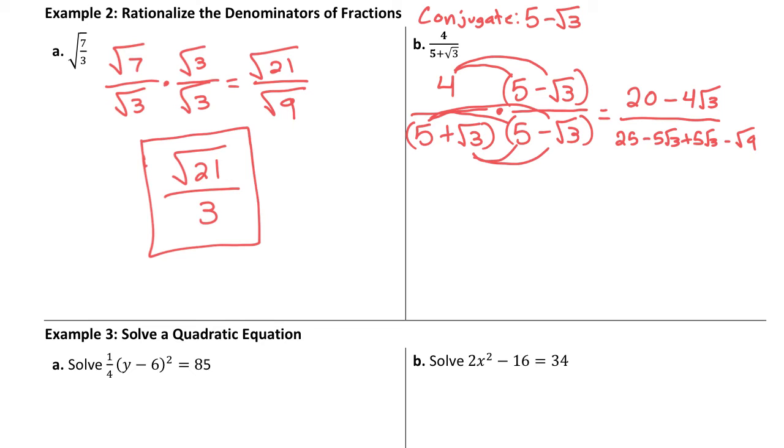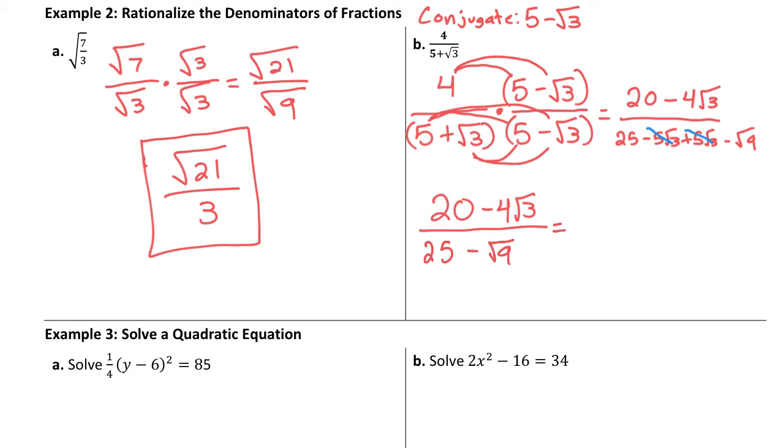The thing I want you to notice is that whenever we get conjugates, that's going to eliminate negative 5 square root of 3 and positive 5 square root of 3. So simplified, 20 minus 4 square root of 3 over 25 minus square root of 9.